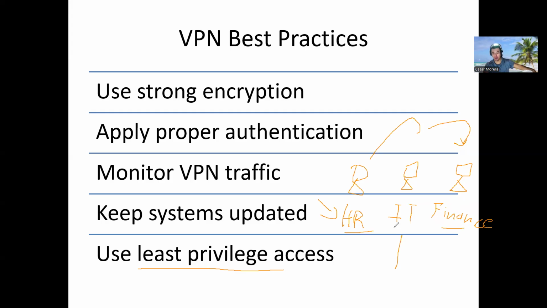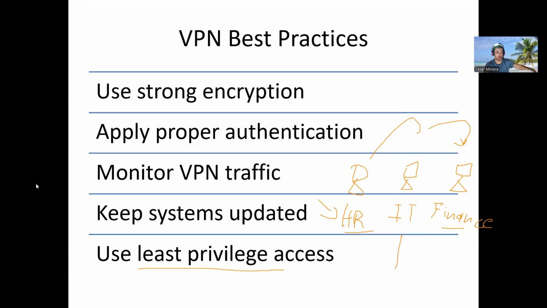Someone from finance shouldn't have access to IT. So only their specific department access. HR will access only HR resources, IT only IT resources, and the finance team will access the finance resources, as well as the primary and basic resources that they require to function correctly within that organization.